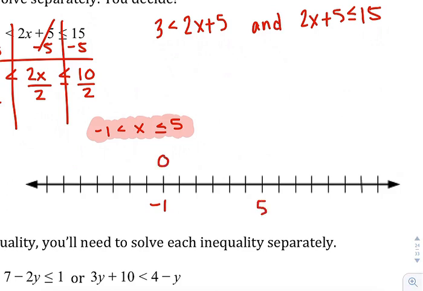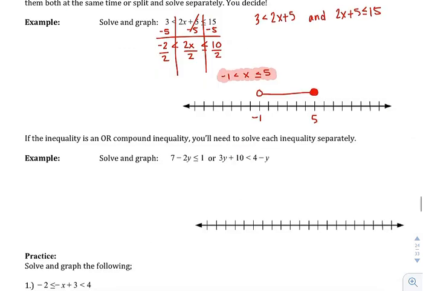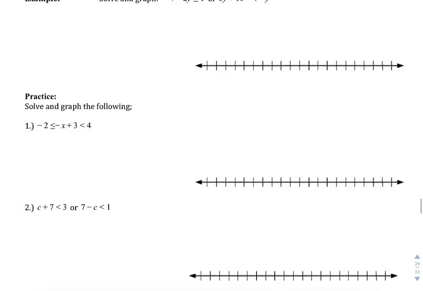Greater than negative 1, less than or equal to 5. And that's it. And then for the ors, you just literally solve them both separately, because ors will always be separated and can be written separately.